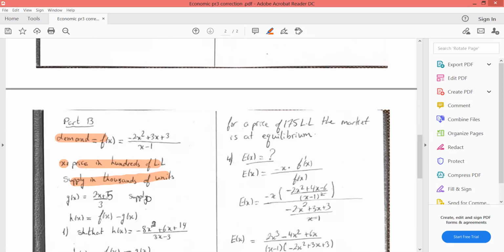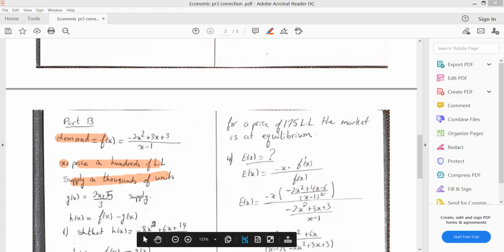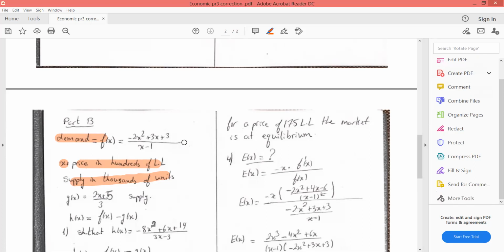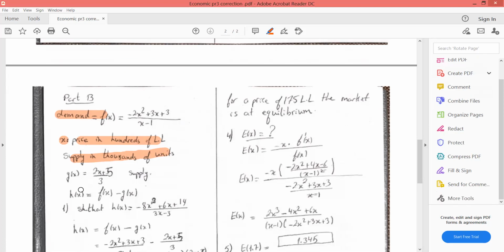So pay attention to the units, for the unit of the price and for the unit of the demand. What is the unit for price here? Hundreds of Lebanese lira, yes. The unit of price is hundreds of Lebanese lira, and the unit of the supply is thousands of units.